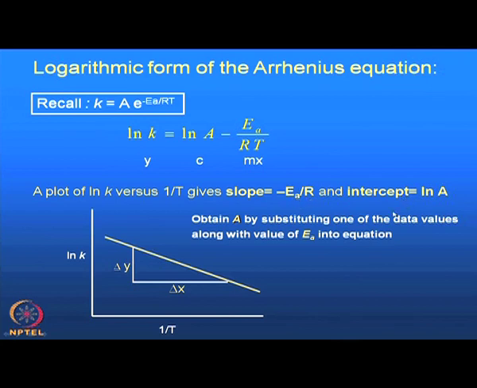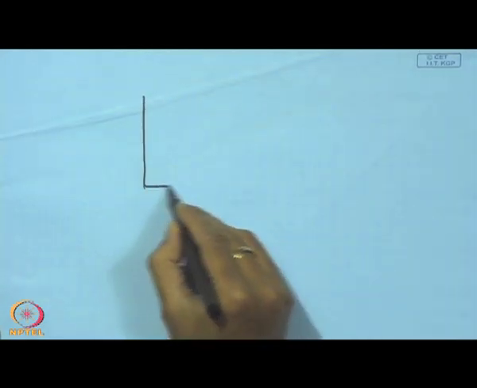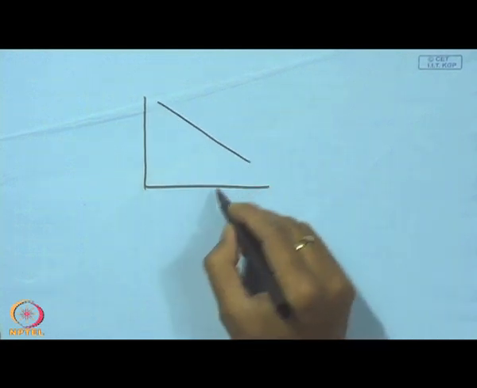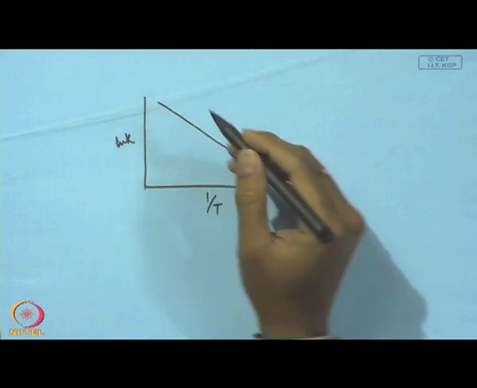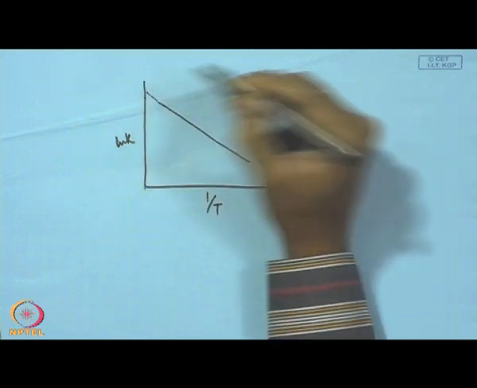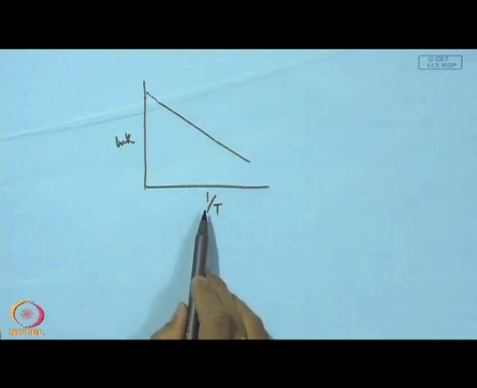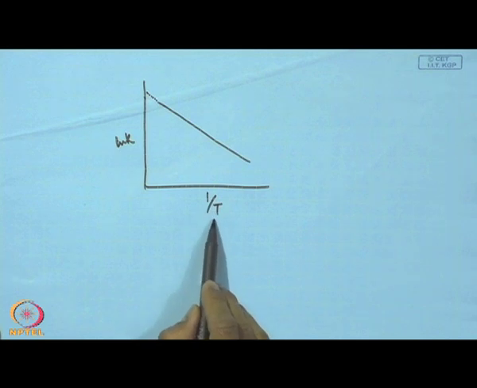So, this intercept, let us again look at it. This is your plot, 1 upon T, and this is ln k. Okay. So, this is your intercept. 1 upon T equal to 0 means it is a very high temperature situation.